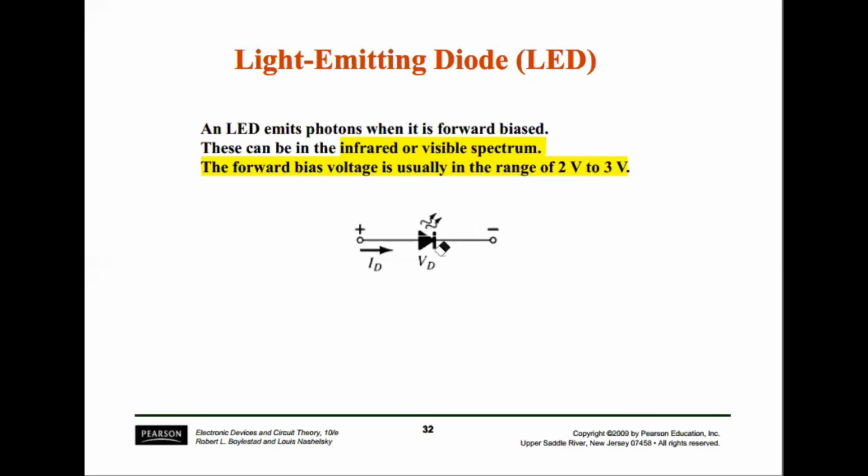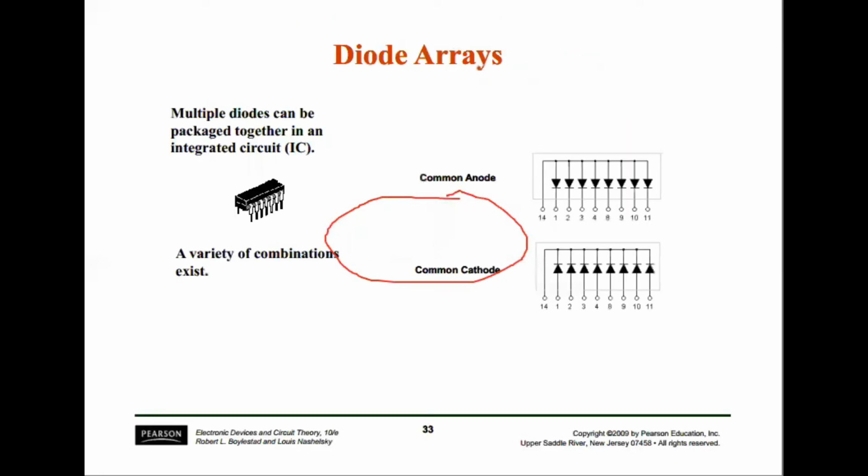That is the basic principle of a light emitting diode. The symbol of a light emitting diode is this one. These are basically the diode arrays, and we will discuss these arrays in later chapters.